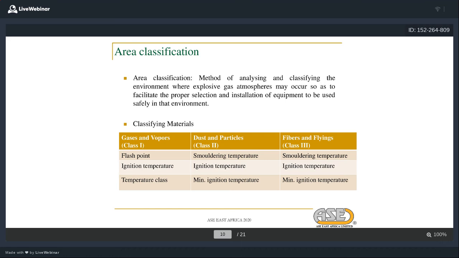After classifying those materials, gases and vapors are subdivided into small groups: flash point, ignition temperature, temperature class. What is the flash point?